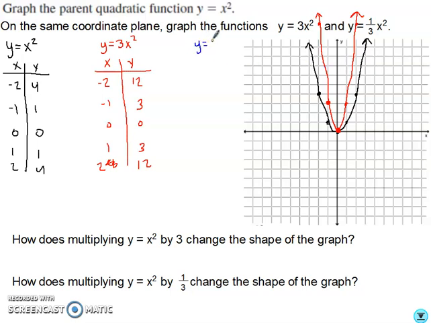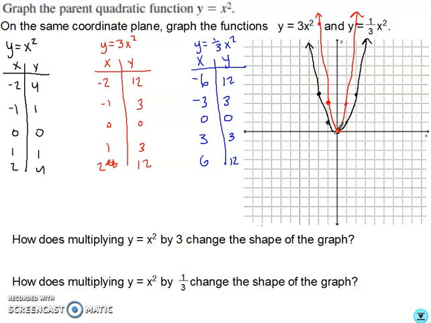And y equals 1/3 x squared. I'm going to pick numbers that I can easily divide by 3. So I'm going to pick -6, -3, 0, 3, and 6. The reason I'm doing this is because I'm dividing by 3 after I square. So x squared is 36 divided by 3 is 12, 9 divided by 3 is 3, 0 divided by 3 is 0, 9 divided by 3 is 3, and 36 divided by 3 is 12.